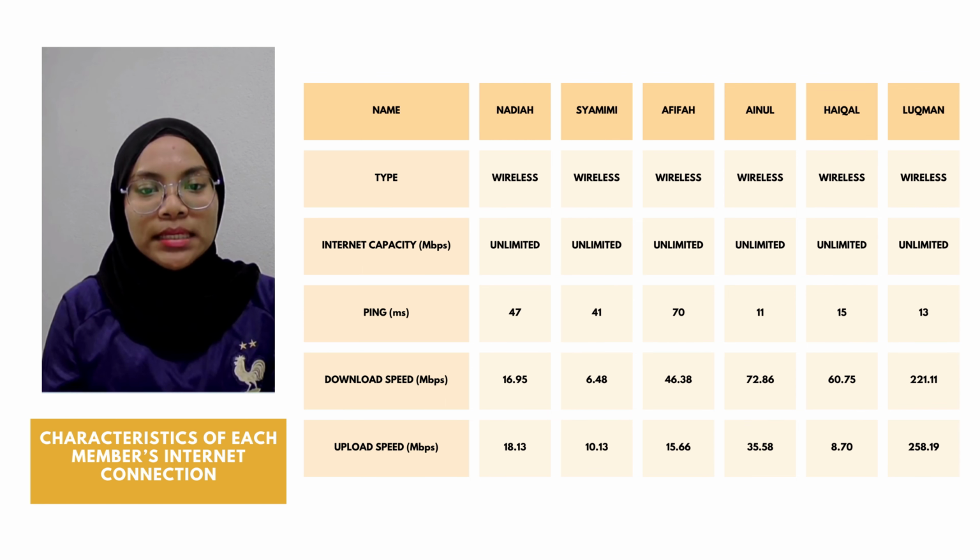Lastly, the upload speed indicates how quickly data is sent from you to others. Upload speed uses the same measurement as download speed. In my observation, Luqman has the highest upload rate among other members at a speed of 258.19 Mbps and Haikal has the lowest total upload rate, which is 8.70 Mbps only.